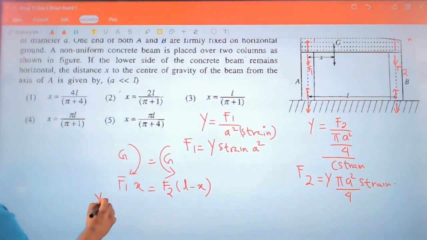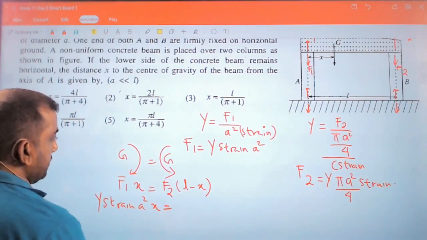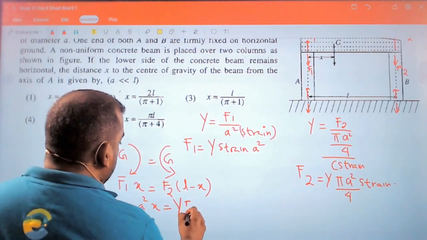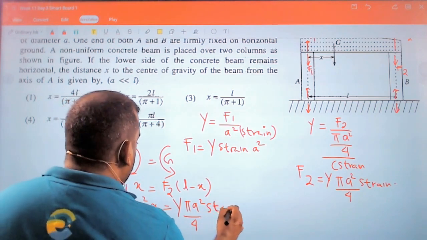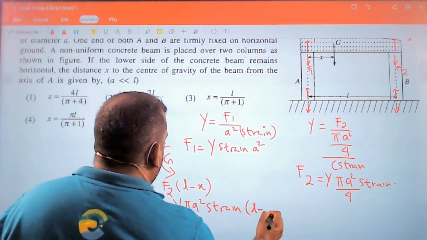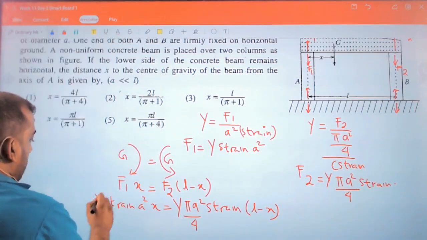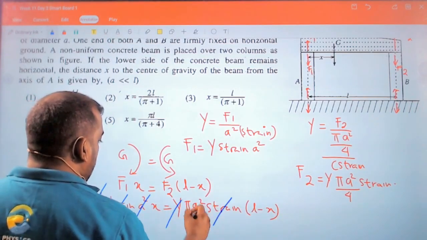F1 is Young's modulus times strain times A squared times x. F2 is equal to Young's modulus times pi A squared over 4 times strain times (L minus x). Young's modulus and strain cancel, and A squared cancels.